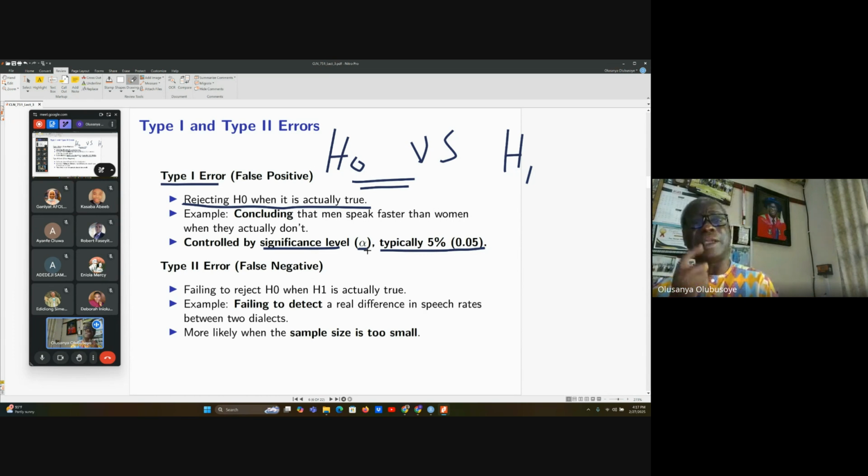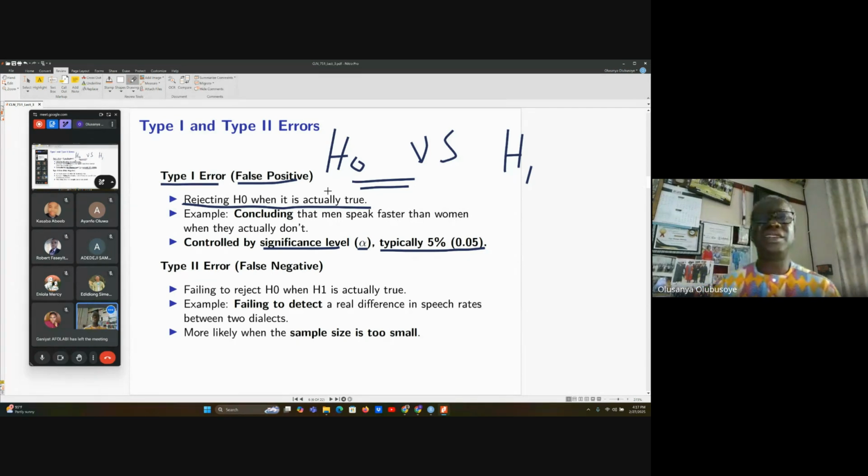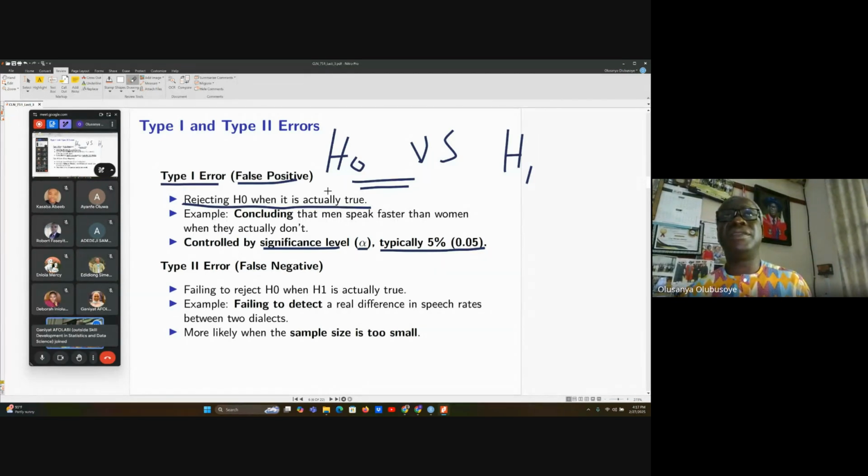So don't forget. That error is also called false positive. That is when you are claiming that the hypothesis is not correct, or when you reject a correct hypothesis.